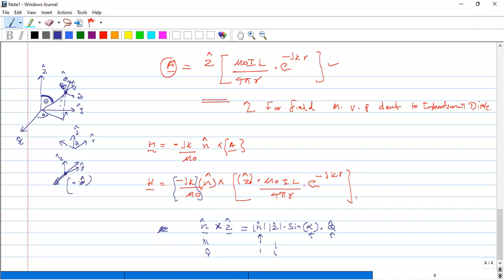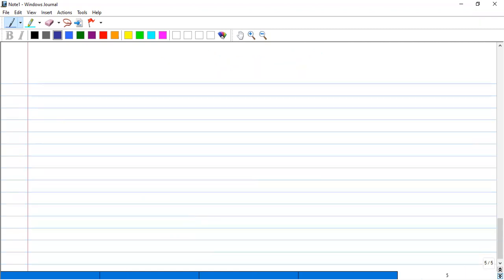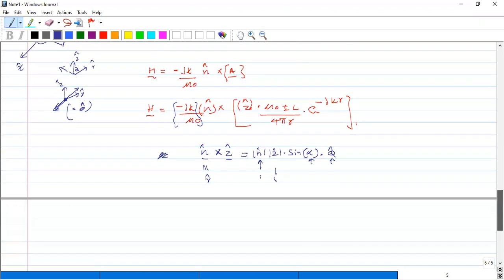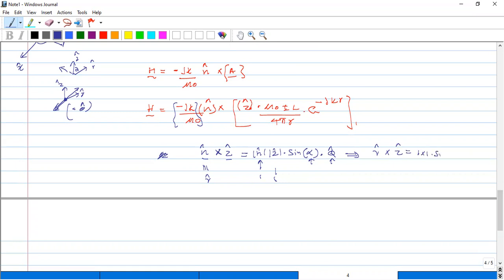So if you want to find n hat cross z hat, it will become r hat cross z hat. So it is nothing but 1 into 1 sine theta phi hat, but it is in the minus direction, outside the paper.